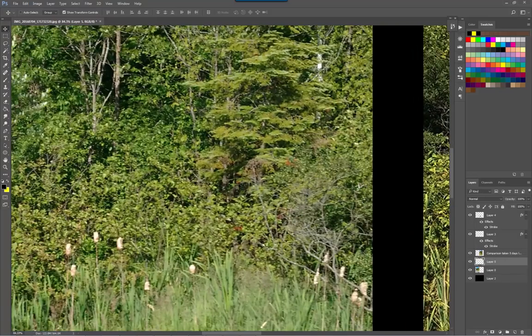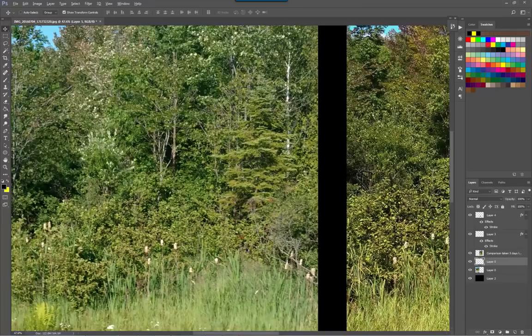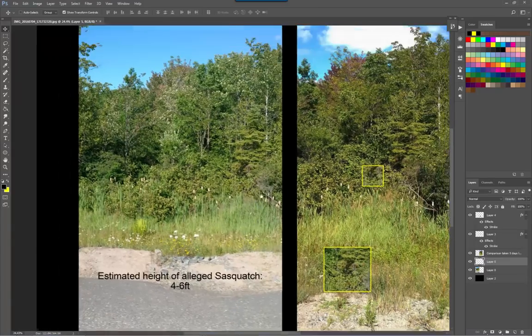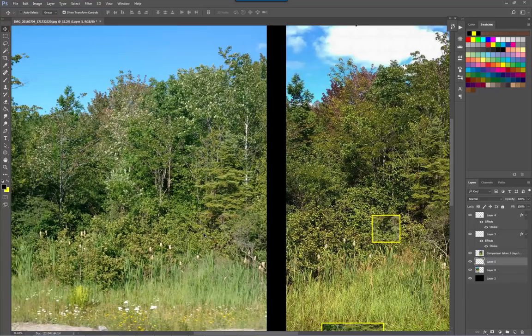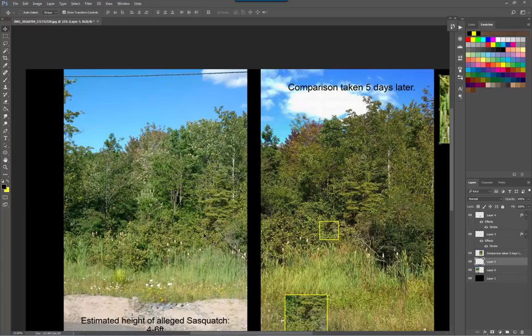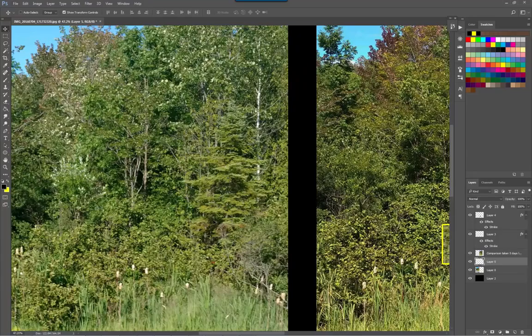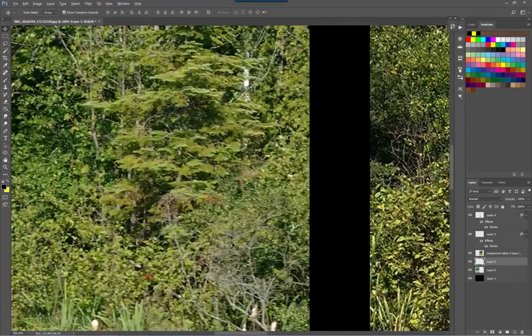This figure is around 4 foot, but I'm guessing it would be more than that, maybe between 4 and 6 foot. That's why I put 4 and 6 there. And at the moment, I don't know how far away this is from the camera, so that could also be quite deceiving there. I know it looks quite small.